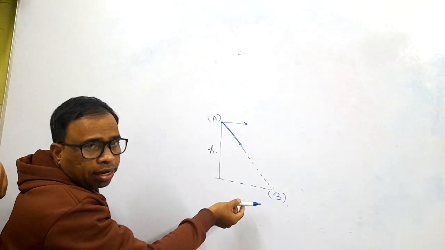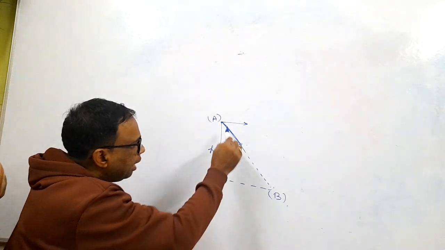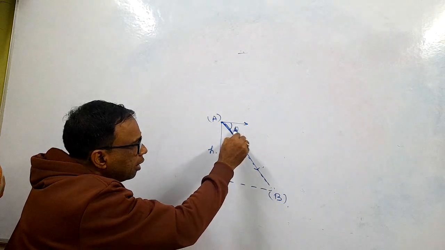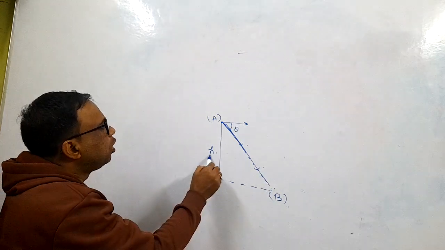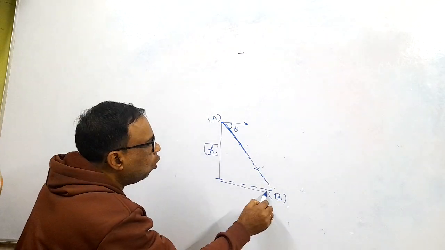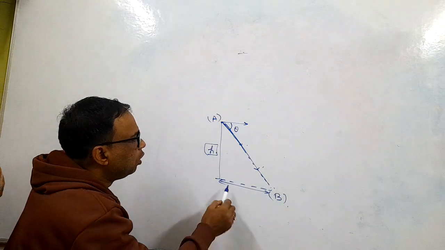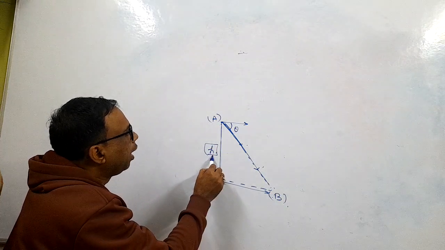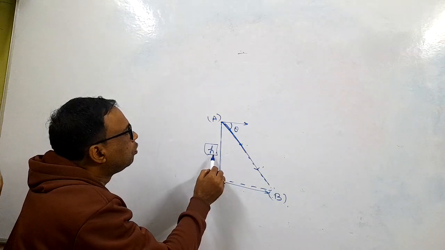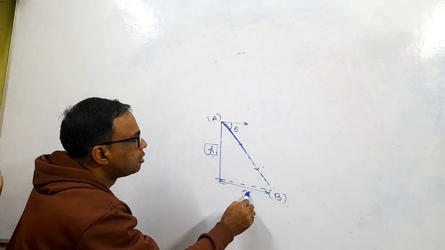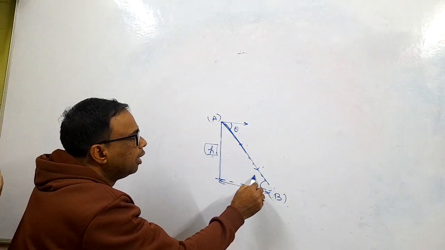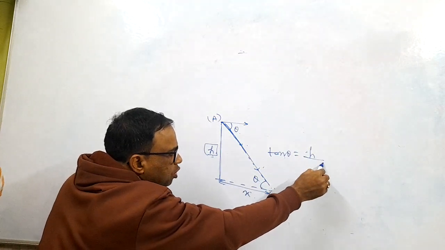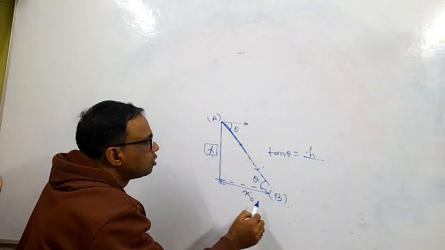A throws the stone aiming towards B. That means we get the angle, because we know the height and the distance of B from this wall. If we know h and this x naught, then tan theta equals h by x naught.